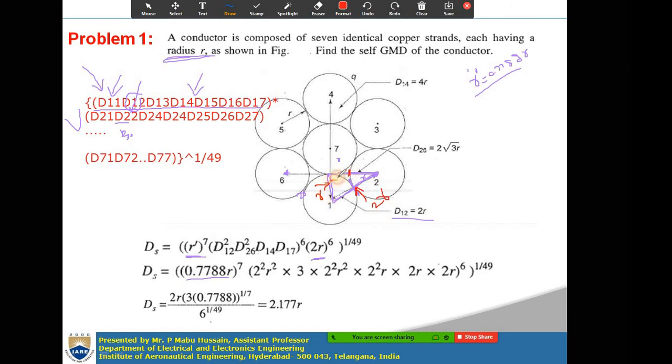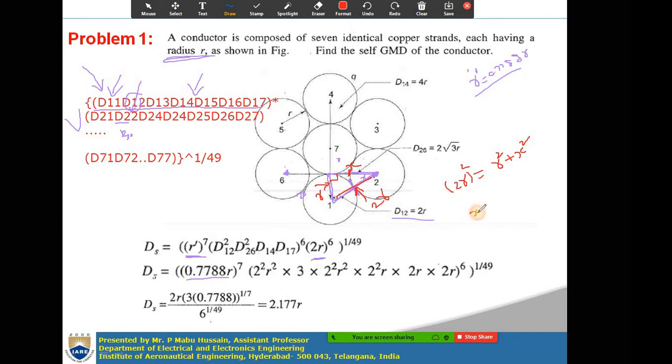This is the right-angled triangle, this is the hypotenuse, the adjacent side and this one. So hypotenuse square, that means (2r) square, is equal to opposite square plus adjacent square, r square plus, let us call the distance x, so x square. Now you have to get the x value.